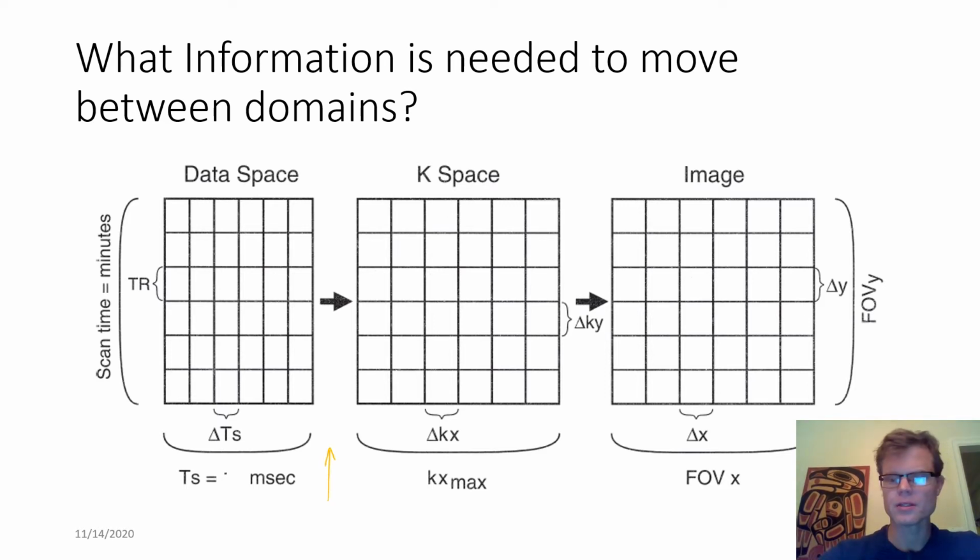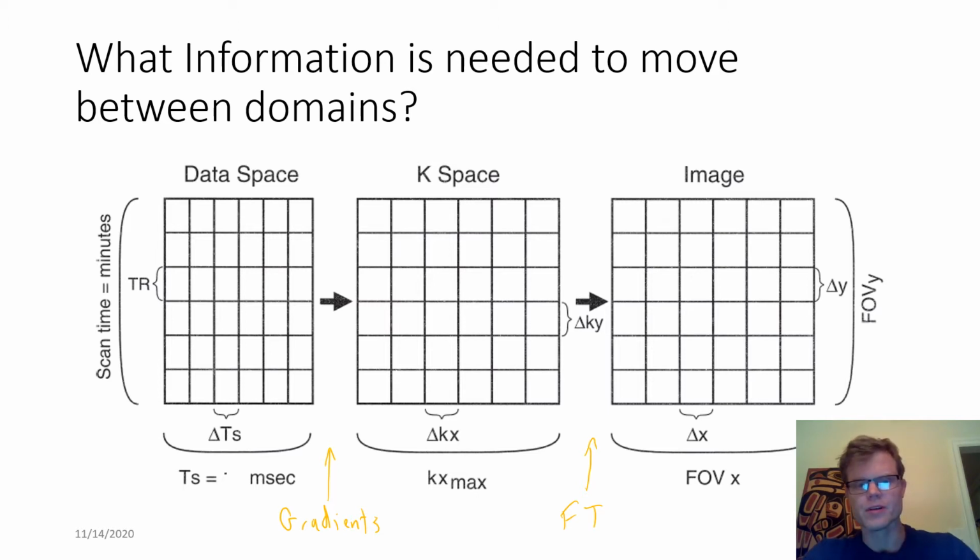Right here in this step is where we need to use the information about our gradients. And as we've covered, it's our magnetic field gradients over time that define our K-space trajectory. Then the step here is simply a Fourier transform. And this moves us from the K-space to the image domain here.